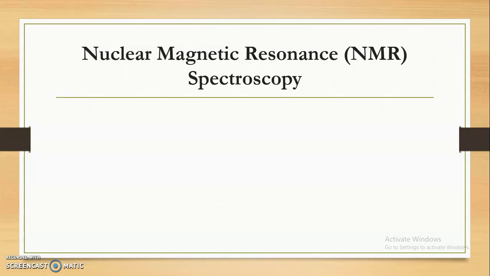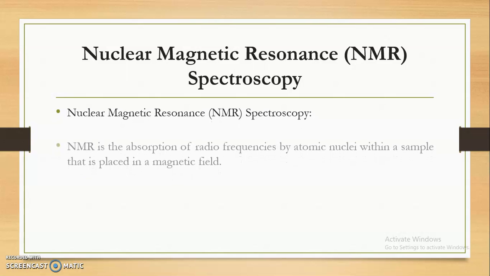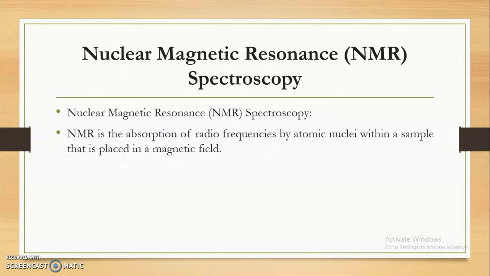Then the next technique that we are going to discuss is nuclear magnetic resonance spectroscopy. This is also one of the important techniques, along with ultraviolet spectroscopy, IR spectroscopy, mass spectroscopy and NMR spectroscopy. All these four techniques are useful for determination of the structure of a particular molecule. NMR spectroscopy is based upon the absorption of radio frequency waves.